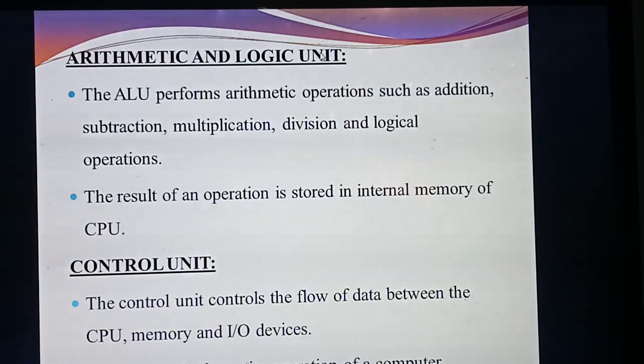So in maths, which are the basic calculations? In first standard itself you studied them. First you study addition, then subtraction, then multiplication, then division. All these things together we call the arithmetic and logic unit.